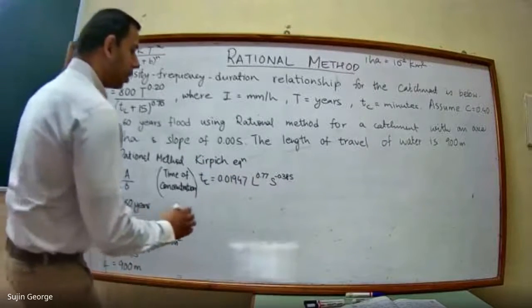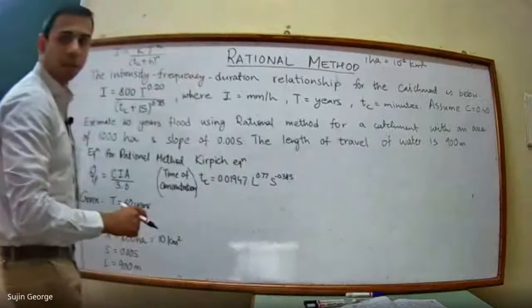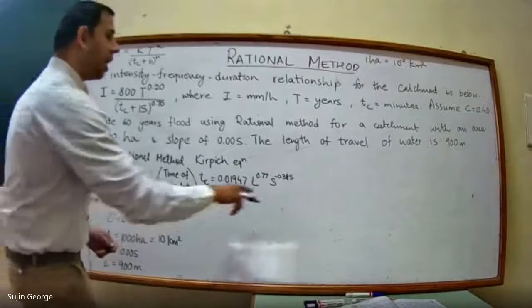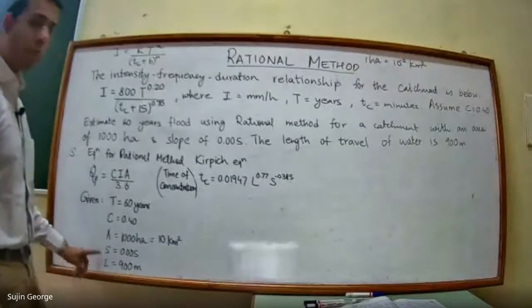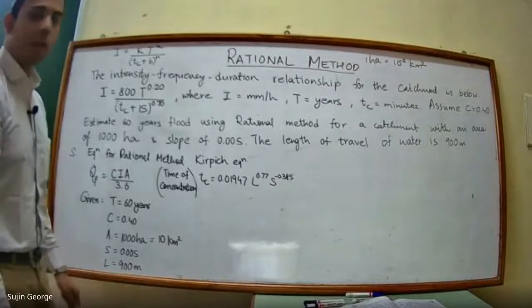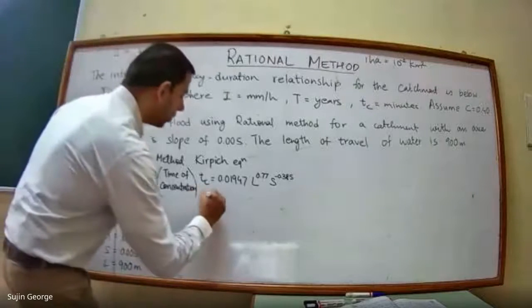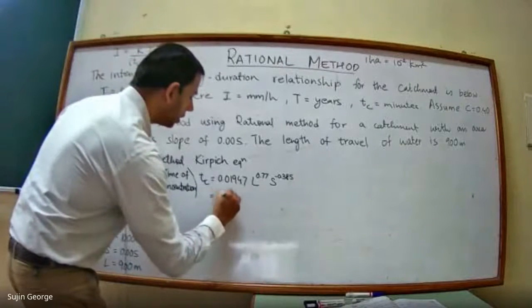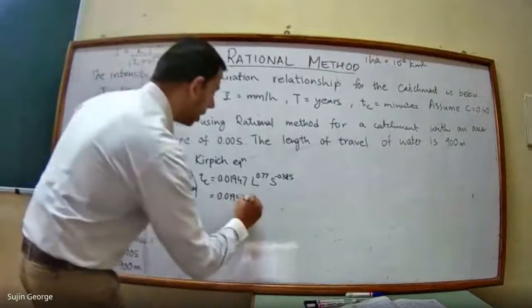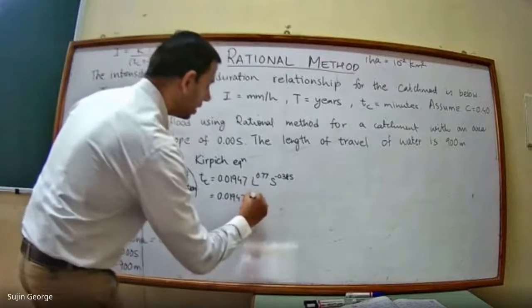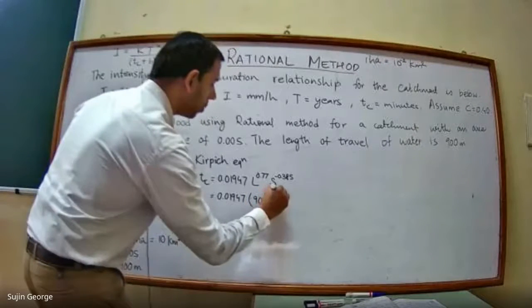So here L is the length of travel of water. That is given to you, and S is the slope. Slope is also given to you. S and L both are provided to you. So just you have to substitute this in this equation. So it will be 0.01947, L is 900 meters to the power 0.77.